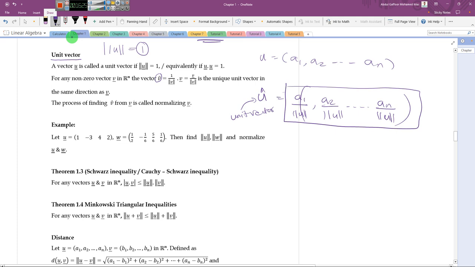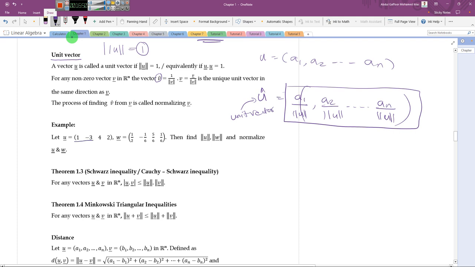So the process of finding a unit vector from the vector is called normalizing the vector v. In the tutorial discussion we will be doing a lot of example questions where we will normalize vectors. In that process we have to just divide the vector components by its norm. Okay. Now we will do this example.